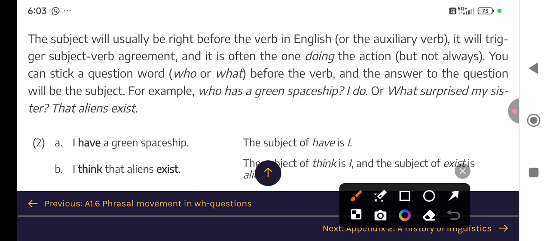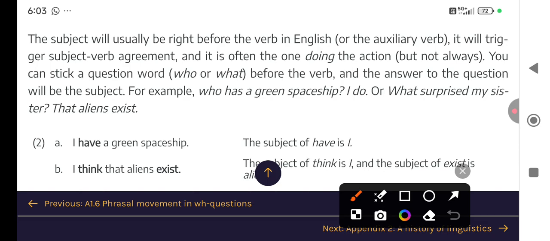It will trigger subject-verb agreement, and it is often the one doing the action, but not always. You can stick a question word, who, what, whose, whom, before the verb, and the answer to the question will be the subject.